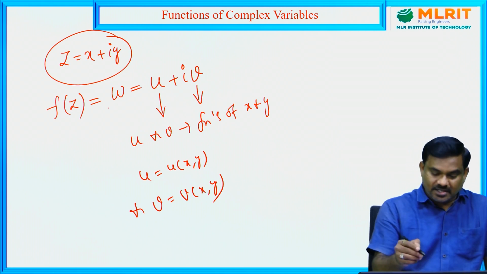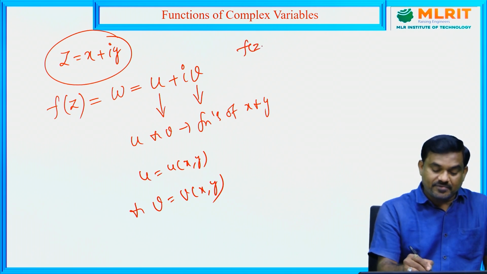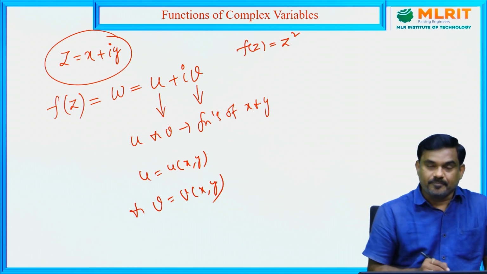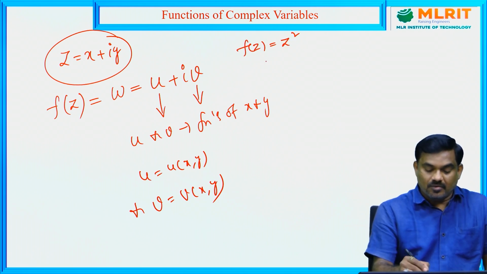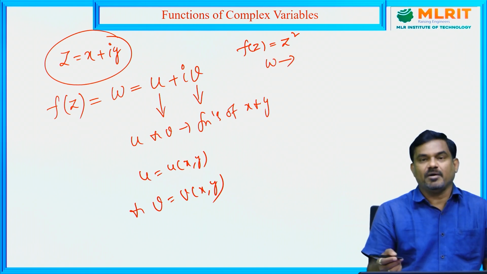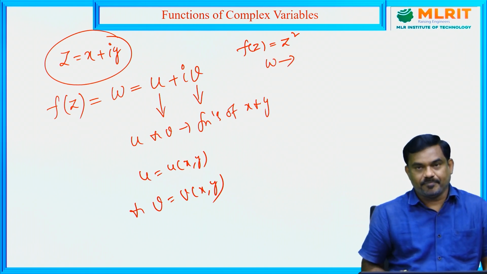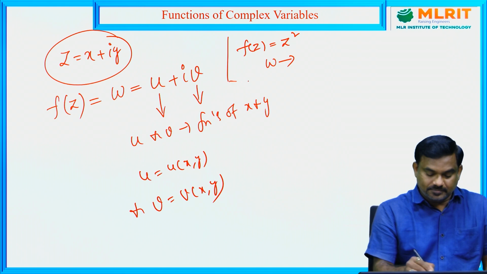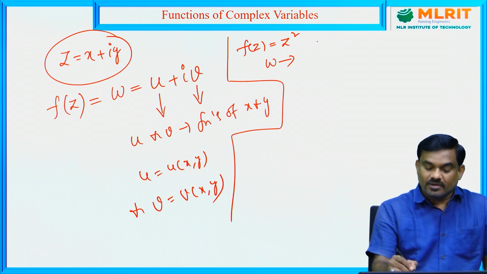For example, f of z is z square. Then write w in the form of a complex variable. So here, what is z? x plus iy.